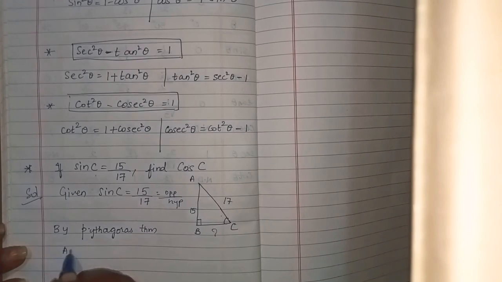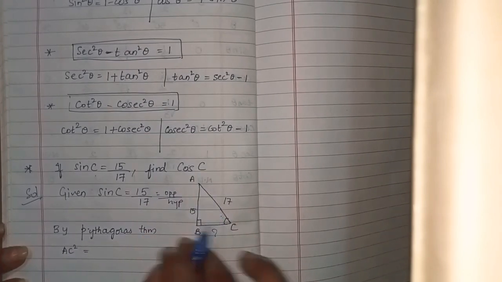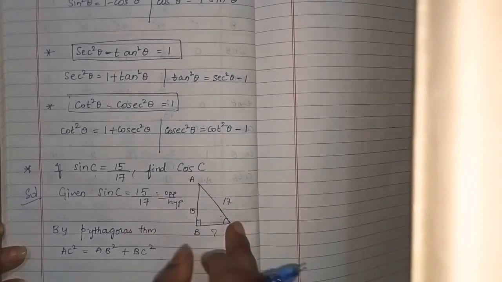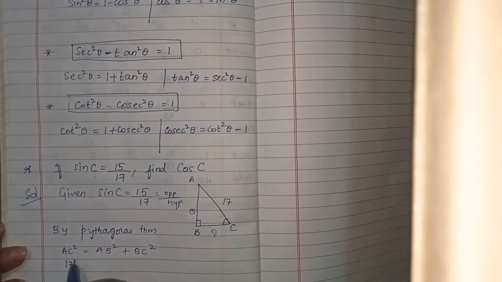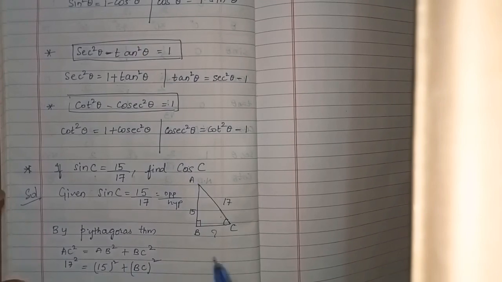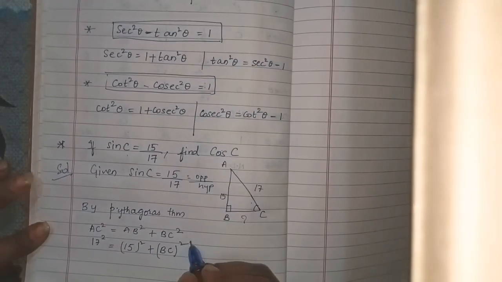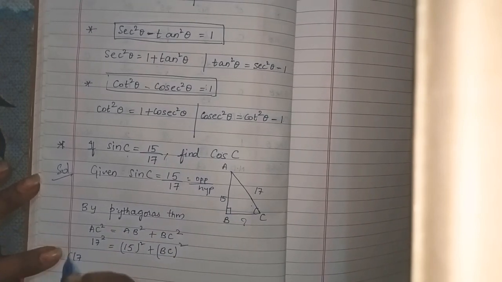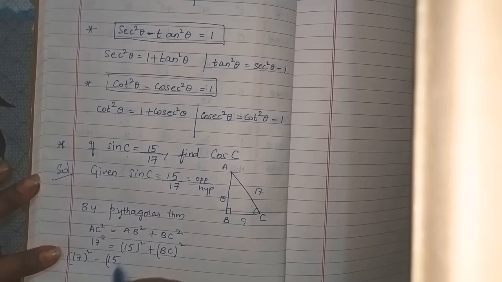Hypotenuse square, which is AC square, is equals to side square plus side square, which means AB square plus BC square. AC is 17, so 17 square is equals to AB square, 15 square, plus BC square. I need to find the value of BC, so let me send this 15 there. 17 square minus 15 square is equals to BC square.